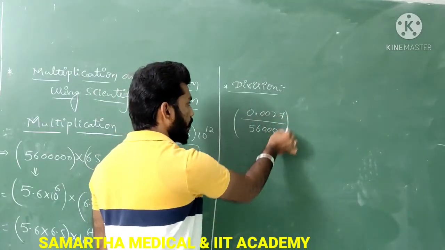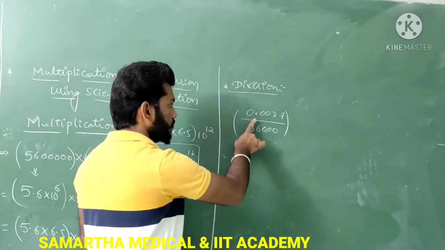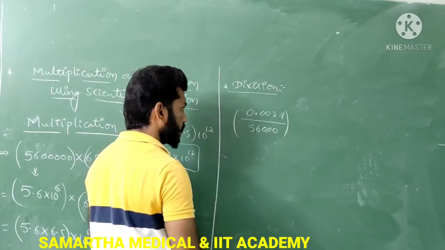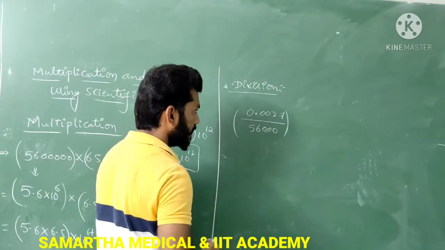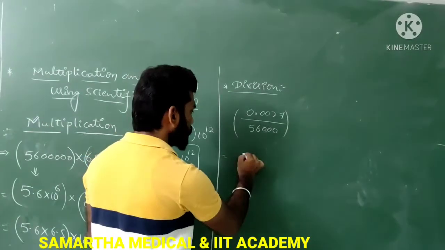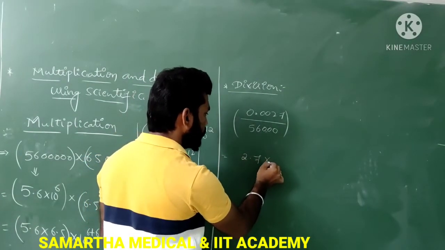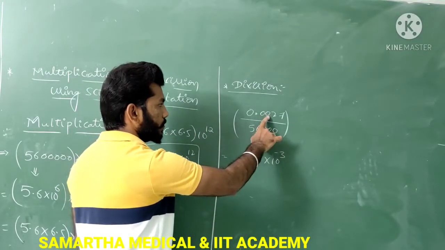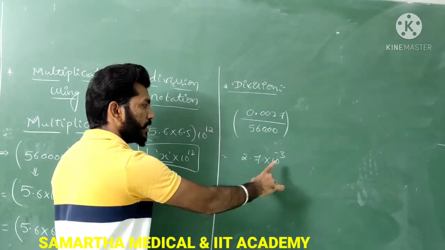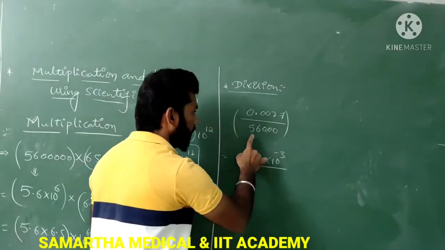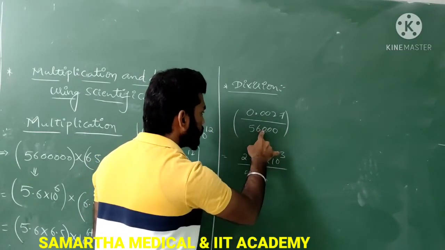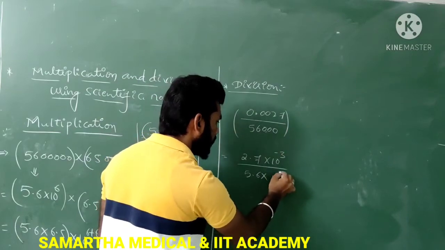First of all, we convert this term into the form of scientific notation. What value do we get? 2.7 into 10 raised to minus 3. Isn't it? 1, 2, 3. So 2.7 into 10 to the power of minus 3, divided by 5.6 into 10 to the power of 4.